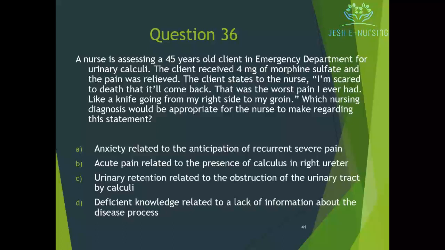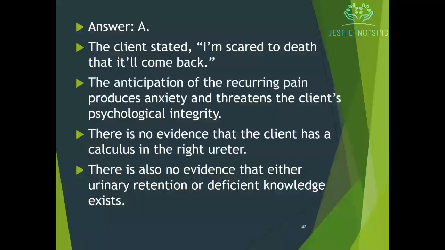The answer here is A. Anxiety related to the anticipation of recurrent severe pain is the answer. So we need to take interventions to help the patient overcome anxiety related to the anticipation of recurrent severe pain. The anticipation of recurrent pain produces anxiety and threatens the client's psychological integrity.